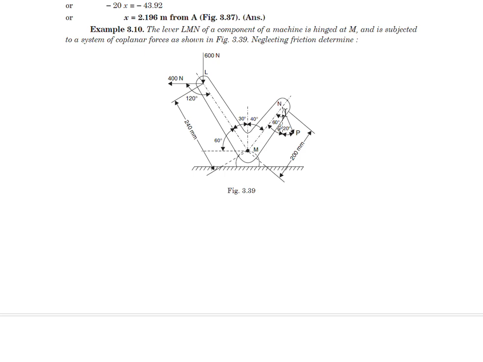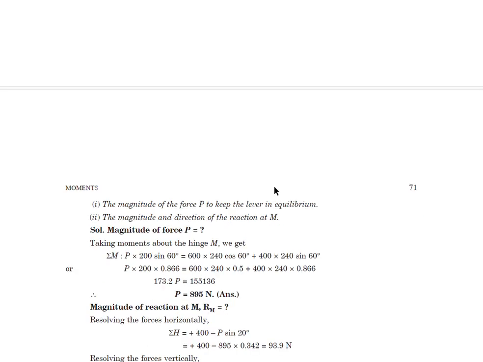So again, we will find out the component of this force and the perpendicular distance. Now this will give us the value of P. The second thing we want to find out is the reaction at M, that we can simply find out by resolving all the forces, after we find out P, vertically as well as horizontally separately, and finding out the sum total of these individually. Okay, so let us see the first one.